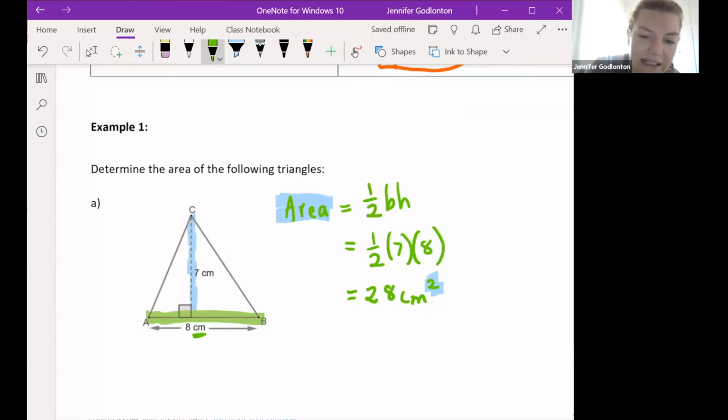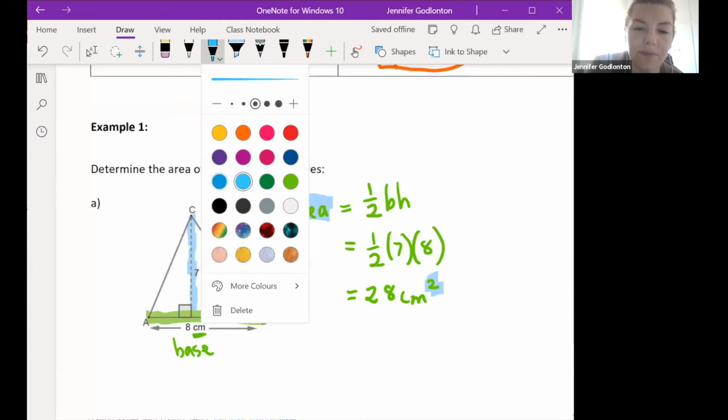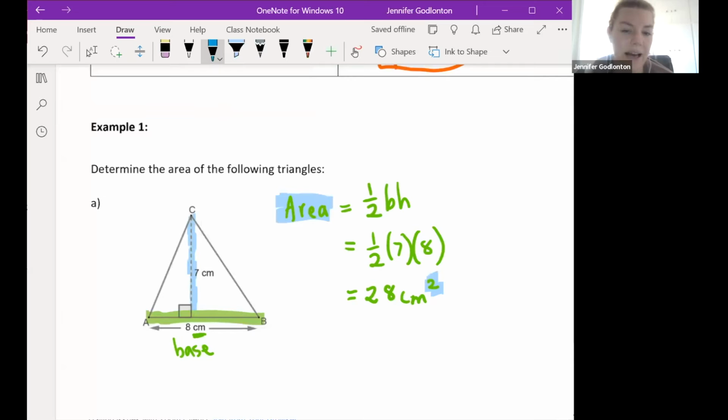So what we're looking at here is this 8 is our base, and the 7 over here is our perpendicular height. See how it's perpendicular? It shows this over there. All right. If you want to take a screenshot, please feel free to take one, and then we're going to pop on to our next example.